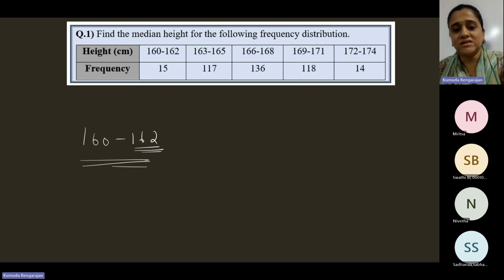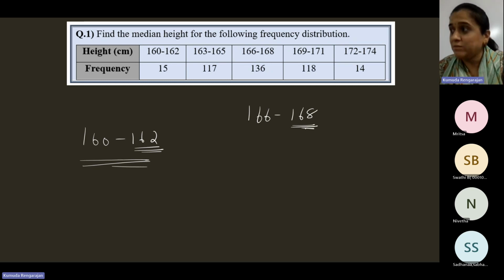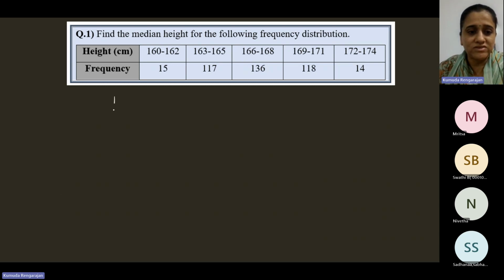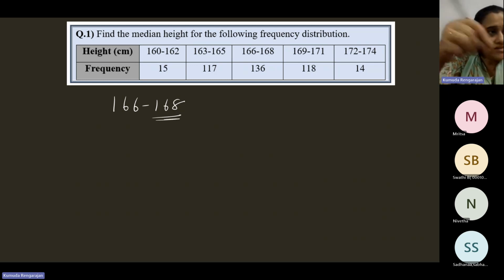Now take any class interval, not only the first one. Take 166 to 168. The upper limit of the class interval 166 to 168 is 168. This is the third class interval. Now is this upper limit 168 included in the same class interval, or does it belong to the next class interval?